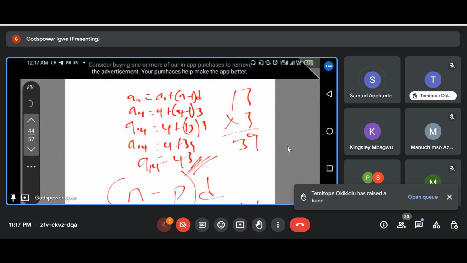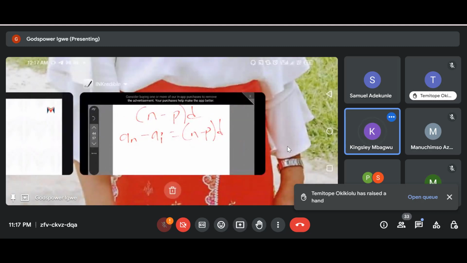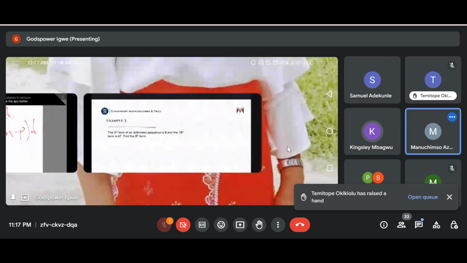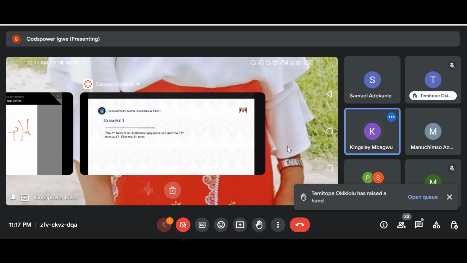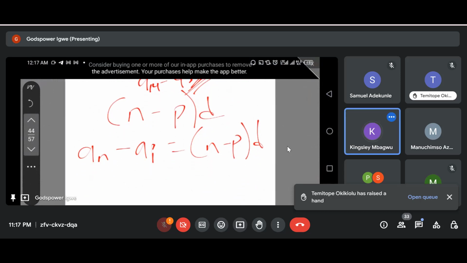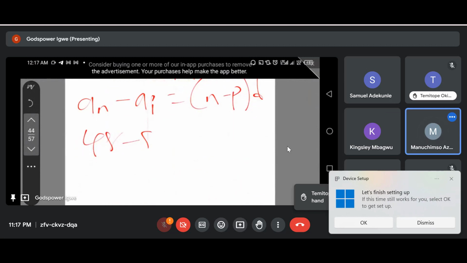So our n will be the 16th term, so that is 47. Our a n is 47. Our a p is 8. 47 minus 8.